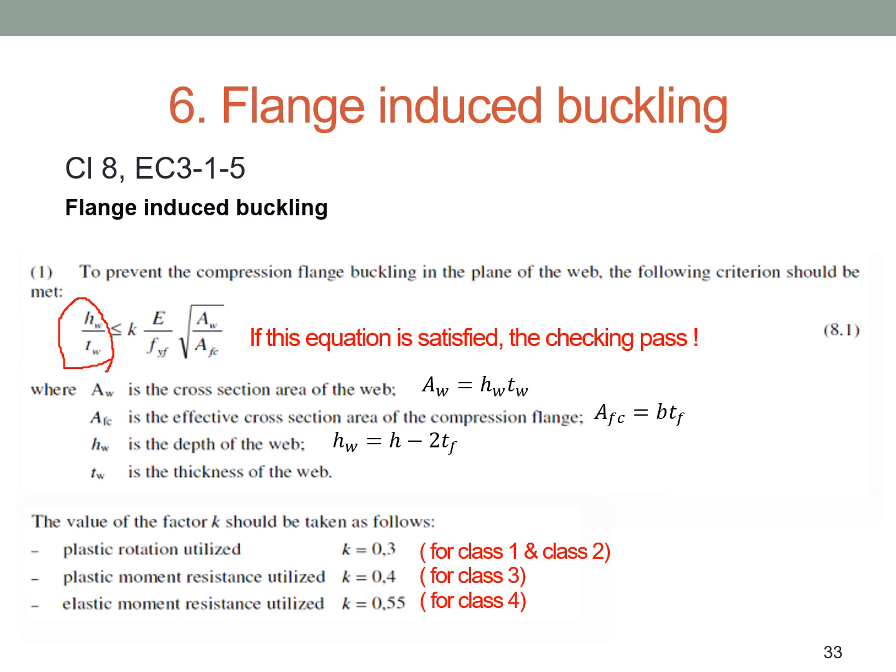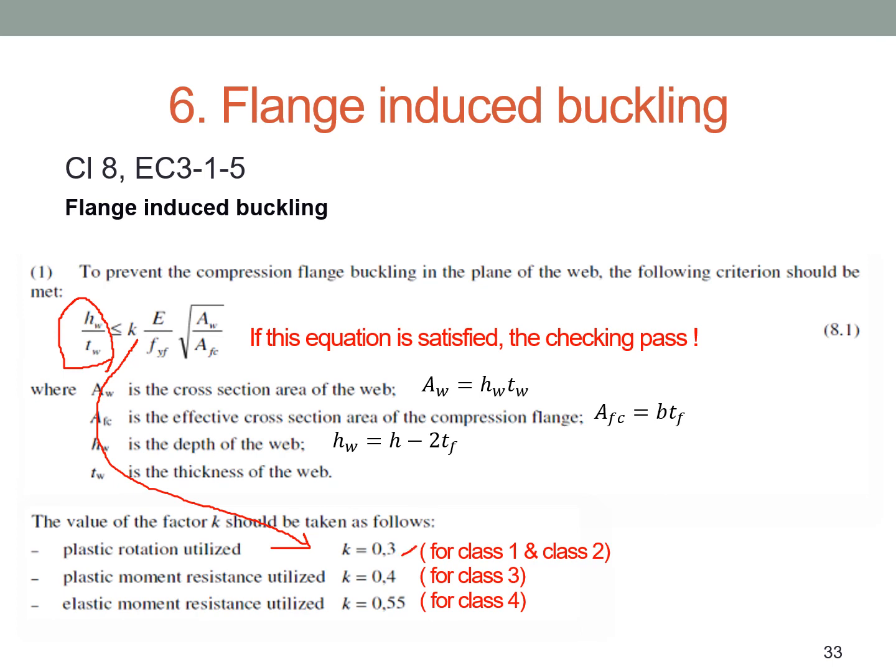If this equation is satisfied, the checking is passed. Okay, so what is the value here? The k value here, we take from here, the factor of k should be taken as follows, depending on your class. If our structure section is class 1 and class 2, then you take the k value 0.3.